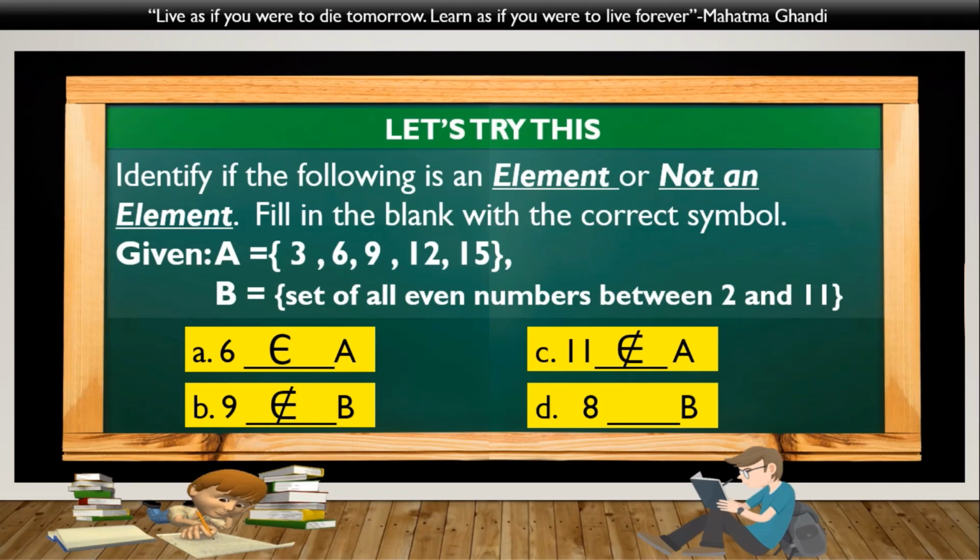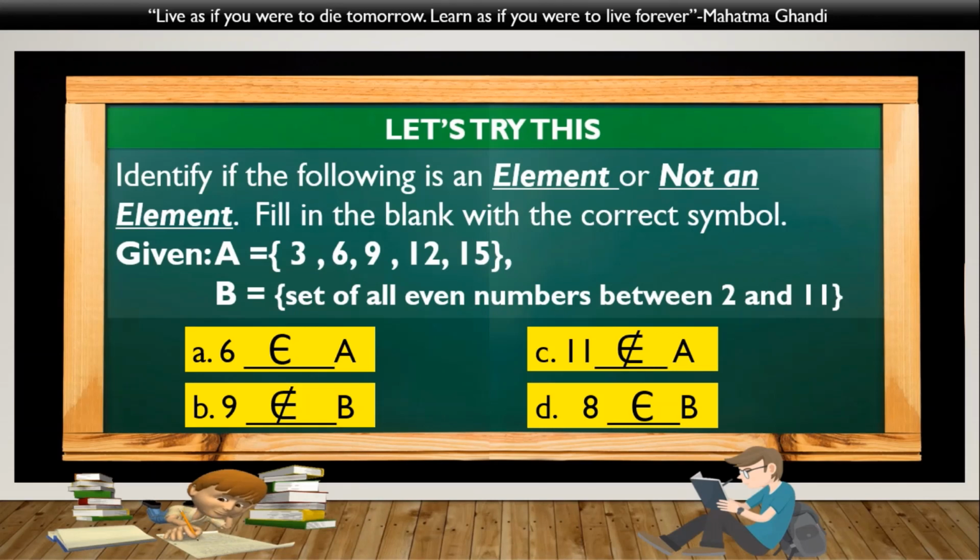Last question. Is 8 an element of B or not? 8 is an even number. Okay? Si 8 ba ay in between 2 and 11? Yes. Therefore, 8 is an element of B.